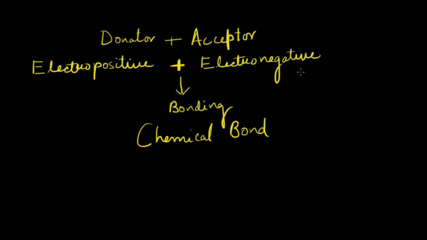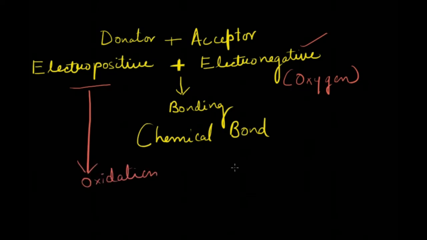So what category does oxygen belong to? It belongs to this category, that is, it is an electronegative element, and therefore it will gain electrons. So oxygen will try to bond with all those elements that are ready to give electrons, that is, all the electropositive elements. Therefore this electropositive element will undergo oxidation because it will lose electrons to oxygen.